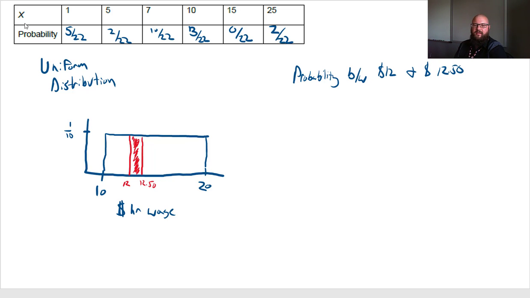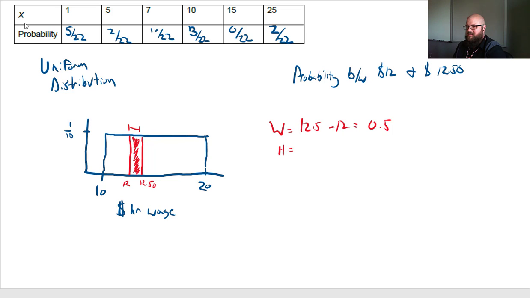So how do we calculate that? Well, first off, let's calculate the width. For our width, we're taking 12.50 minus 12, which of course you guys probably saw right away is 0.5. And what's our height?